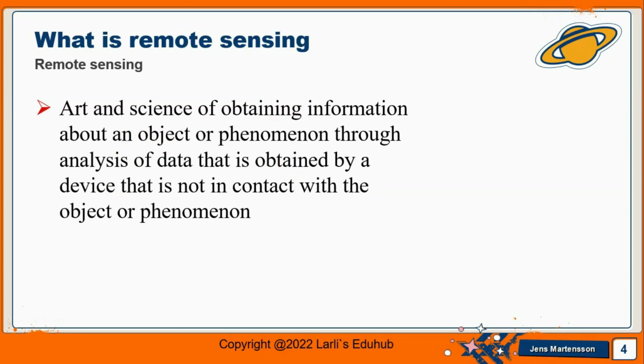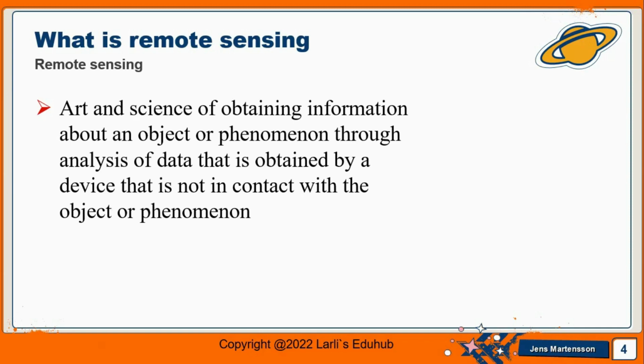Art is basically the method of creating something in the form of a picture, something catchy, illustrative, in order to catch your reader's attention. And science is basically the method of gaining knowledge through observation and drawing conclusions. So the combination of these two to study a phenomenon.